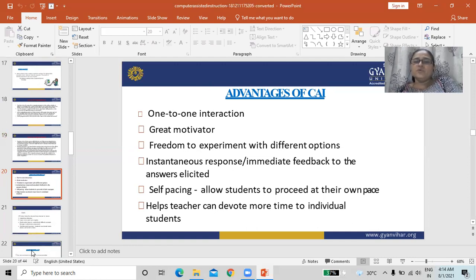Advantages of computer assisted learning: one-to-one interaction, a great motivator, because in computer assisted learning instruction we get immediate feedback.